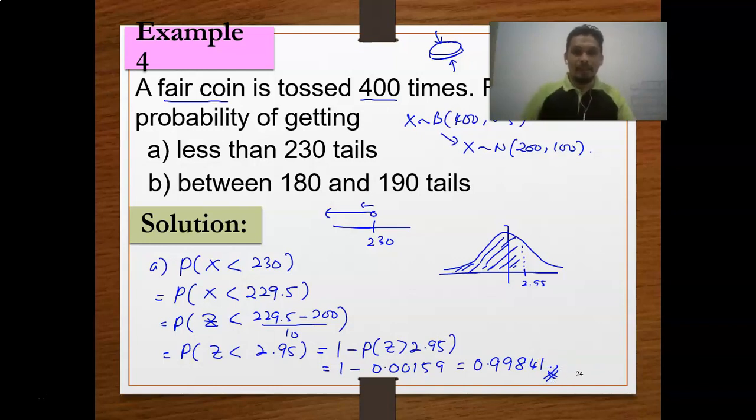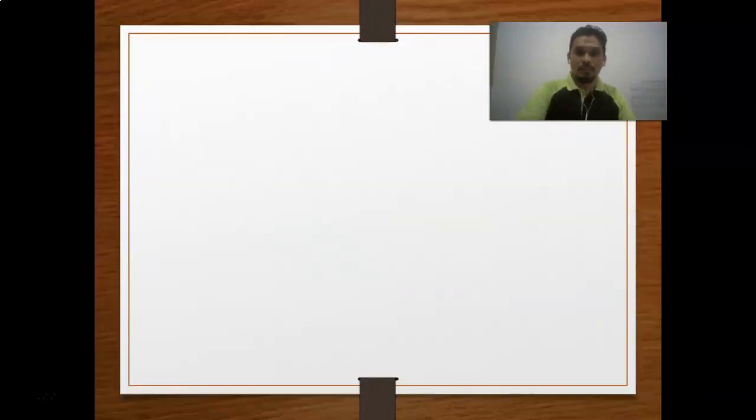Then between 180 and 190. Class, for question B, the probability of X between 180 and 190.